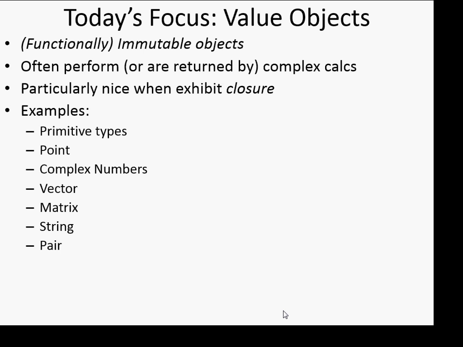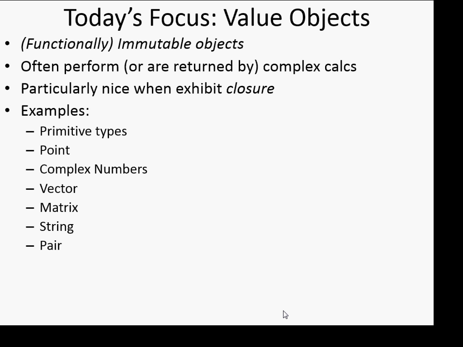Okay? So these are objects which can't be changed, or to be more precise, they have no externally observable changes associated with them. And it turns out that we have lots of these objects in our languages, right? Even in languages involving lots of side effects like Java, we see primitive types.